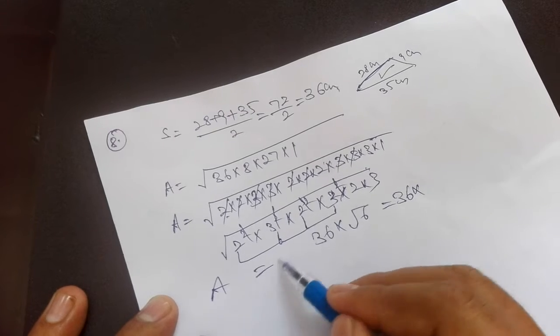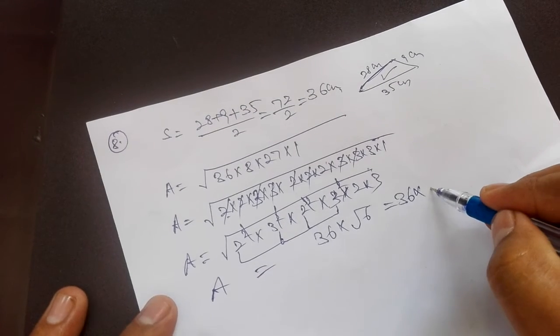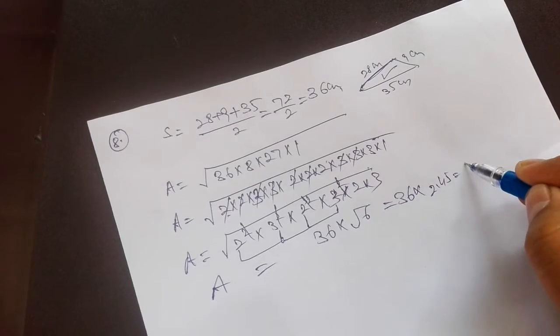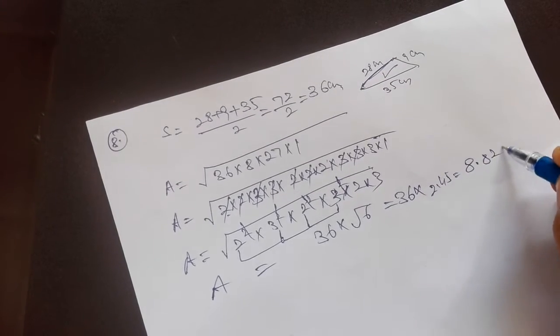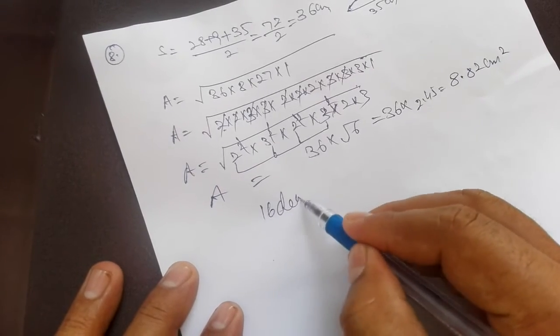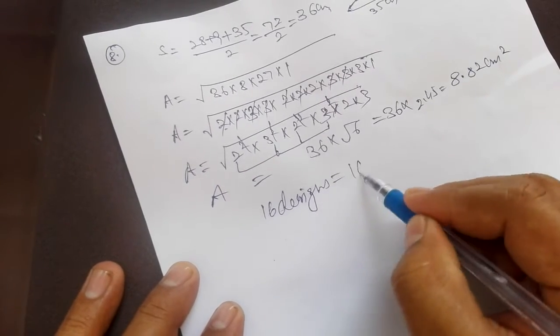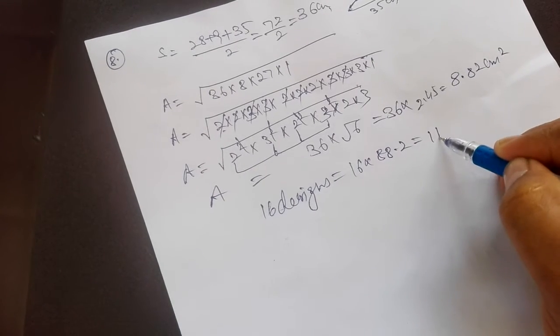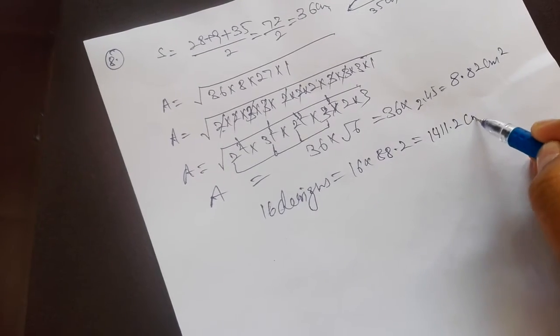What is the value of under root 6? Under root 6 is equal to 2.45, that is equal to 88.2 centimeter square area. This is for one design. For 16 designs, that is 16 into 88.2, the area is 1411.2 centimeter square.